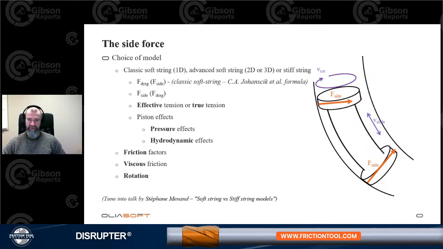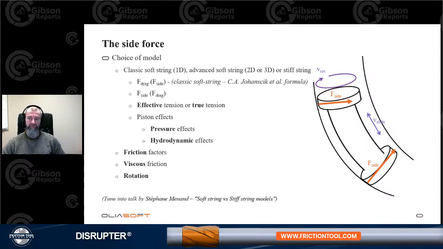We have the classic soft string developed in the early 80s by Johansik and collaborators. In later times we've also gotten the stiff string, because obviously the drill string is not just a heavy piece of spaghetti lying at the bottom of the hole. It's stiff. It bends.